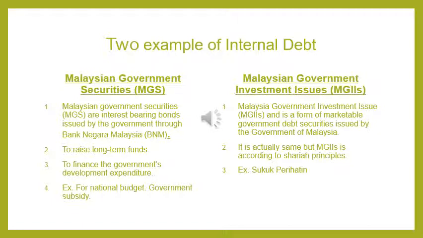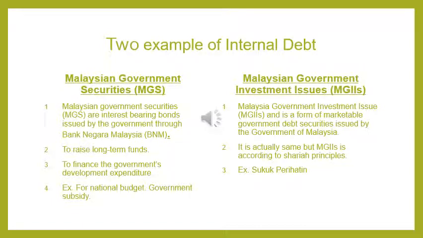Meanwhile, the Malaysia Government Investment Issue (MGII) is basically the same as the MGS but slightly different. MGII is a form of marketable government debt security issued by the government of Malaysia to raise funds from the domestic capital markets to finance all or most of the government development expenditure.